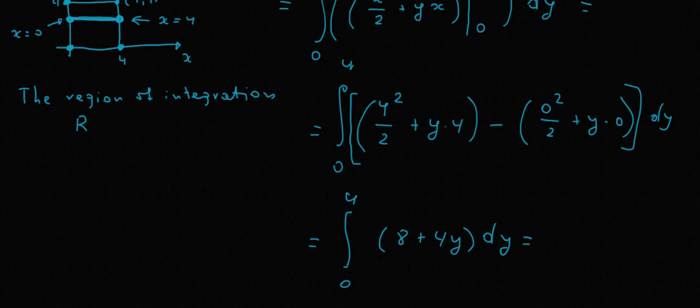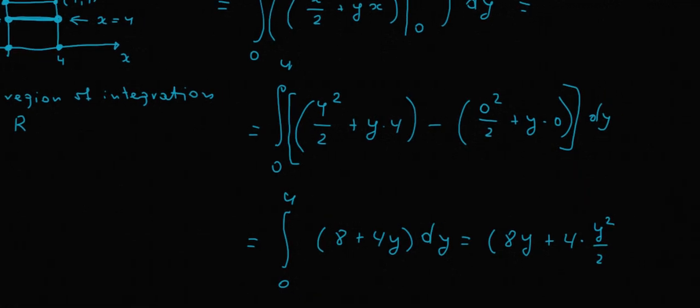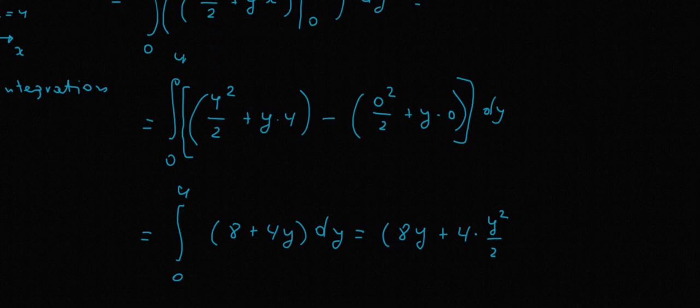And this is a regular definite integral of a function of one variable, y. So we use the fundamental theorem of calculus to calculate this integral. The antiderivative of 8 is 8y, plus the antiderivative of 4y, which is 4 times y squared over 2. We'll evaluate this antiderivative at the endpoints of the interval of integration, 0 and 4.